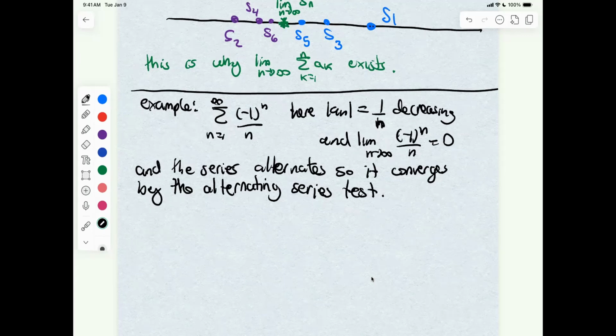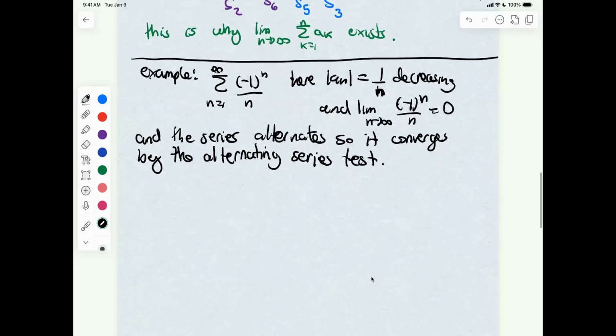And the nice thing about this example is that if you had tried to check whether there's absolute convergence, this one would have failed. So there's no absolute convergence for this one, right? Notice that there is no absolute convergence here.